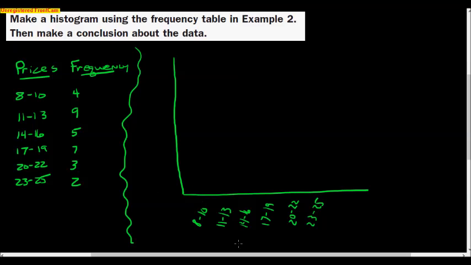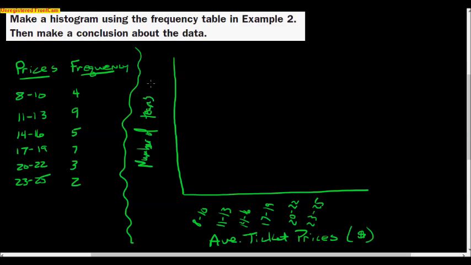All right. So then over here, we're going to put the frequency, okay? And make sure you label everything. All right. Down here is the average ticket prices. All right, and that's going to be in dollars. I could just use that symbol right there. And over here is going to be the number of teams that charges this price.